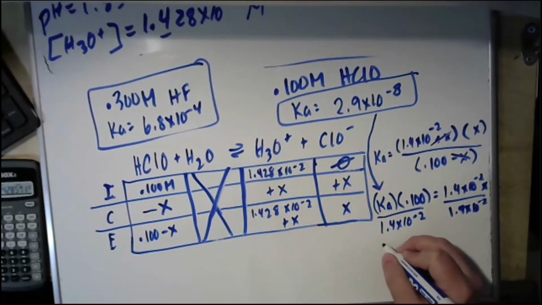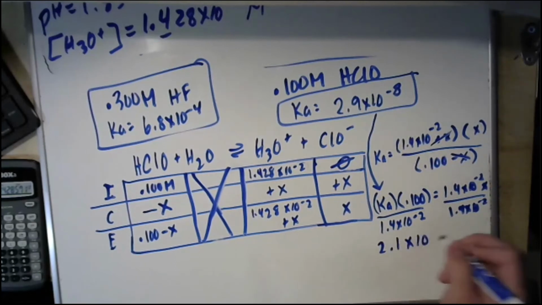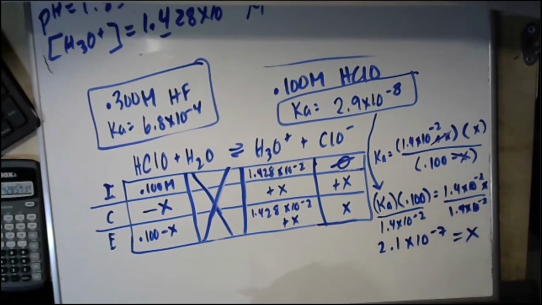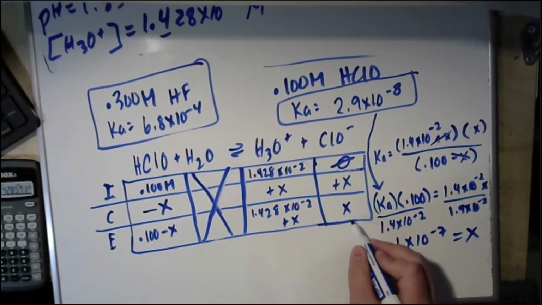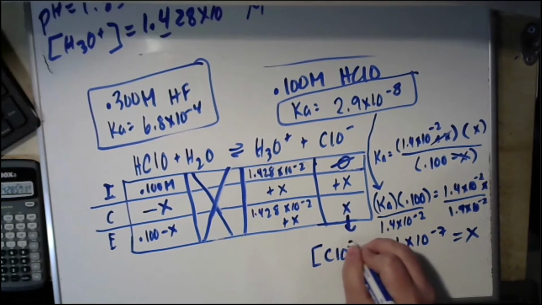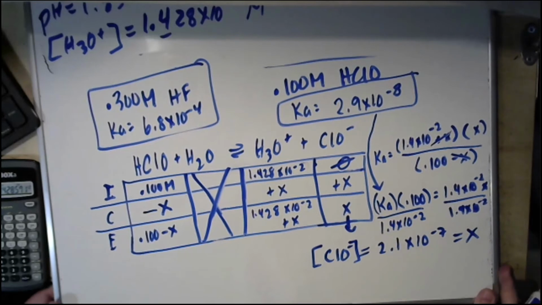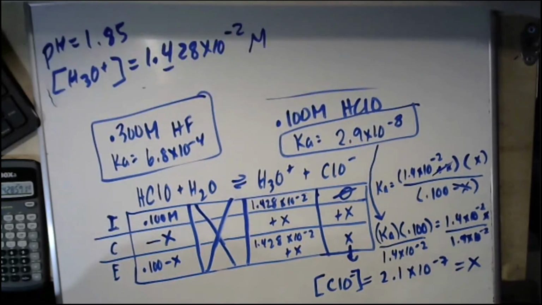And I end up with 2.1 times 10 to the negative 7 as our X value. And that's going to be equal to the concentration of our hypochlorite ion. Okay, that was a little bit more complicated, but you know, we can reason these things out.